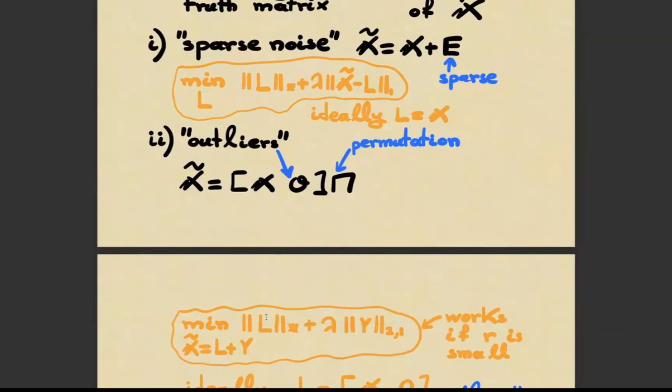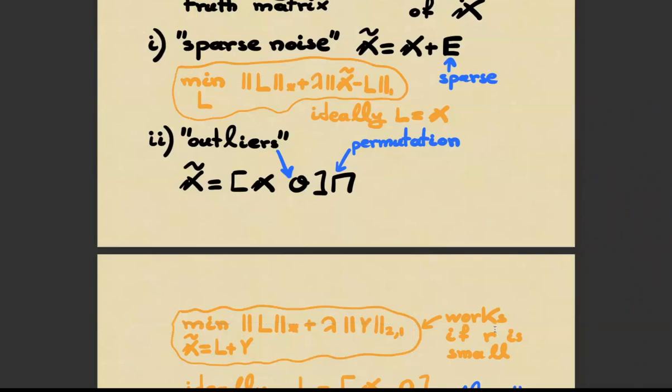We still search for a low rank matrix L, but now we want a matrix Y such that L, the low rank matrix, plus Y, their sum, equals the observed matrix. And now Y is column sparse, so most of the columns of Y are 0. That's why I have put the so-called 2,1 norm.